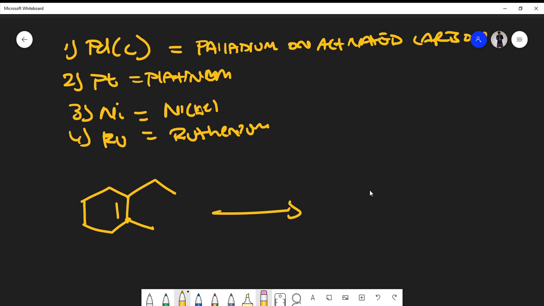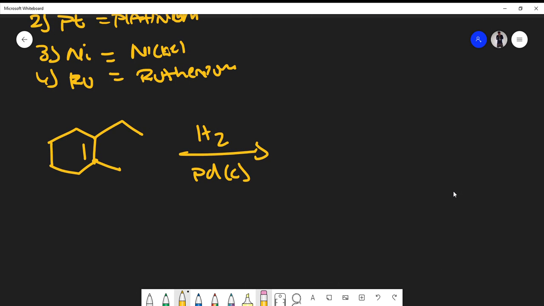If we take this alkene, we add hydrogen gas and palladium on activated carbon. Again, really what we're doing is taking away the double bond. So in other words, remember we said that the addition is syn, and so essentially what I'm saying is that the hydrogens adding across the double bond are going to add on the same side, right?